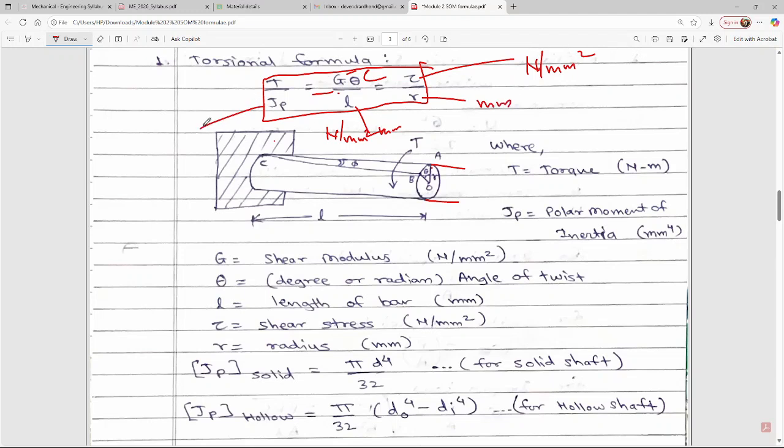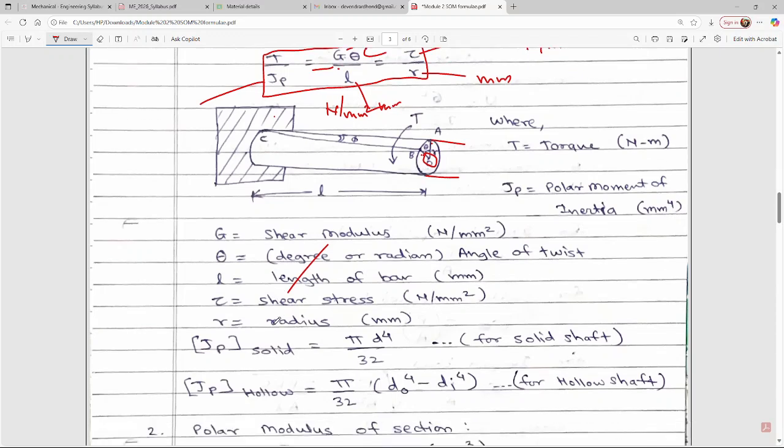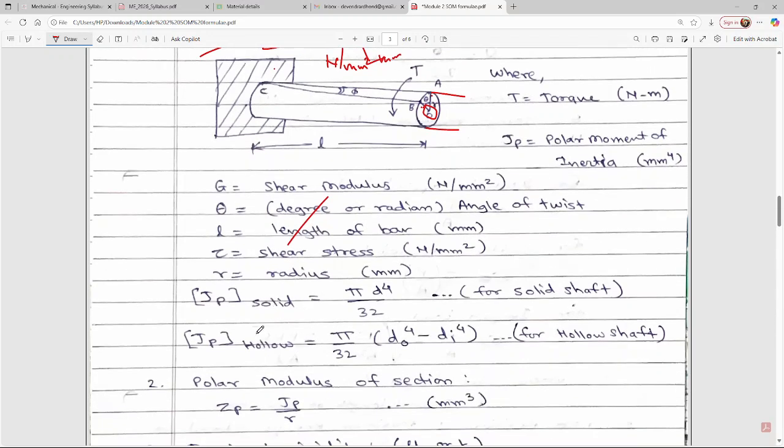Jp has two formulas, because somewhere the shaft will be a solid bar, and somewhere you can have a hollow shaft. So the Jp for solid is pi by 32, d raised to 4.